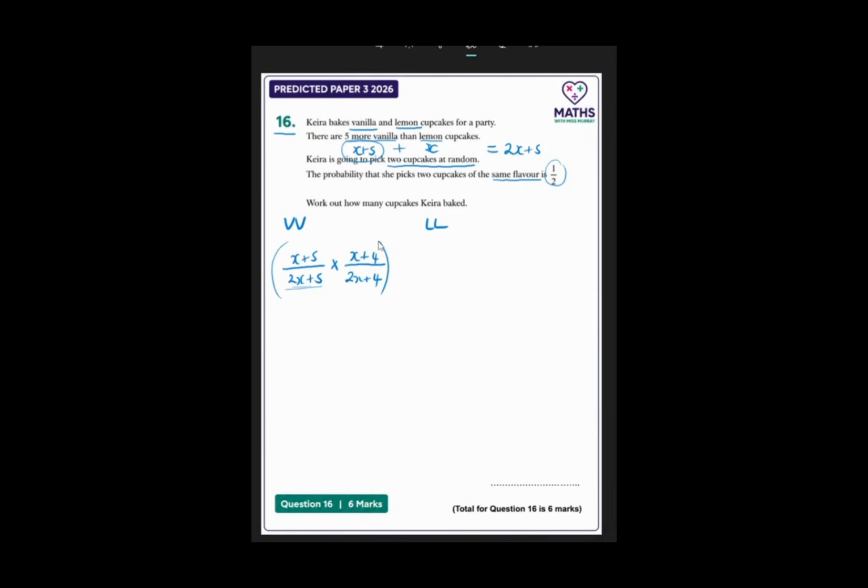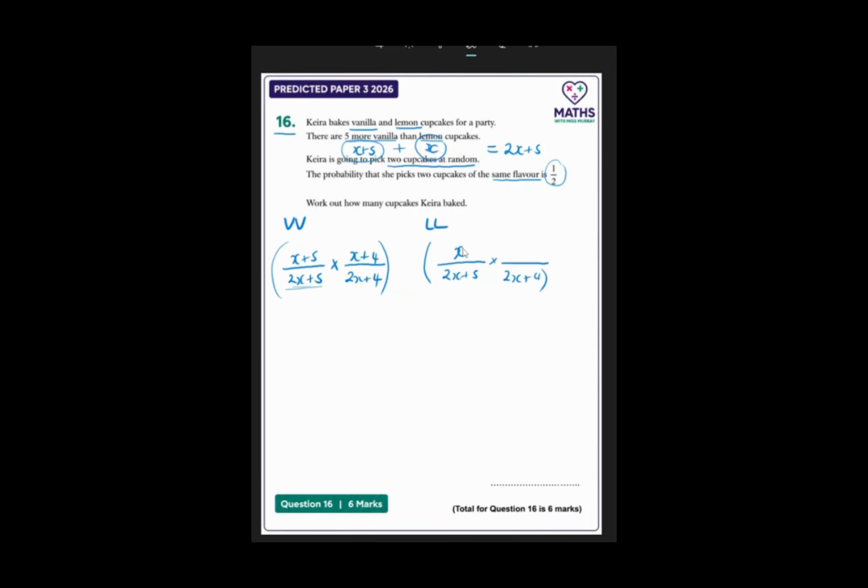So now I'm going to do lemon, lemon. The denominators here will be exactly the same because that's the original total, 2x plus 5. And then when I've picked a cupcake, my denominator is going to go down to 2x plus 4. So those denominators will be exactly the same as we've got here. Then you are looking at lemon now. So the probability she picks a lemon to begin with is x.